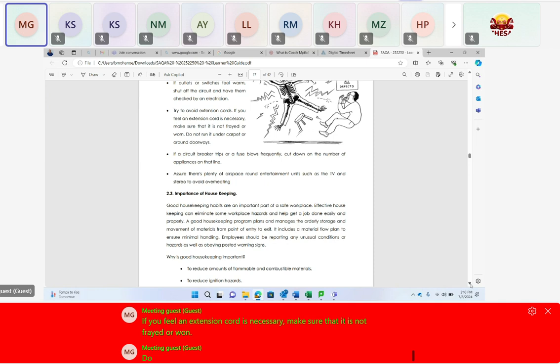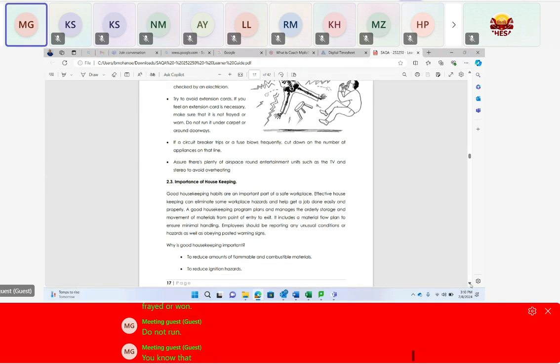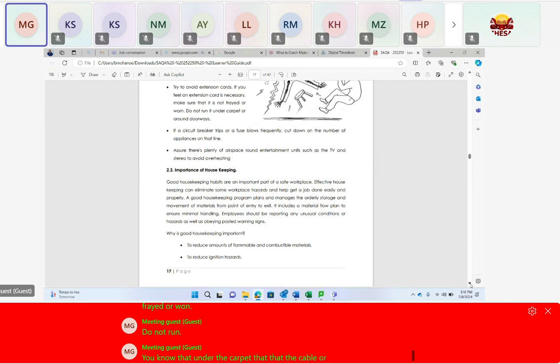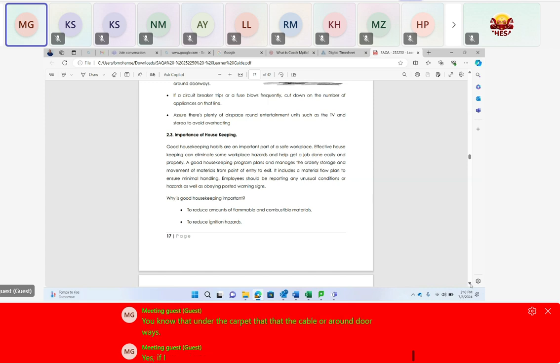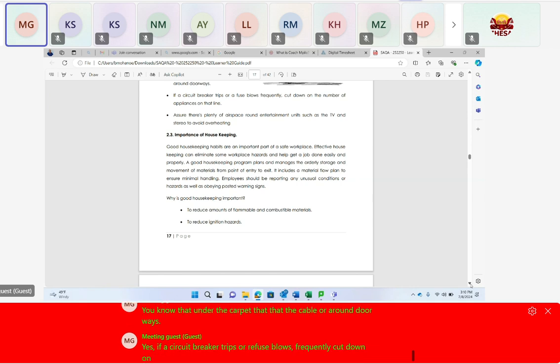Do not run that cable under the carpet or around doorways. If a circuit breaker trips or a fuse blows frequently, cut down on the number of appliances on that line.